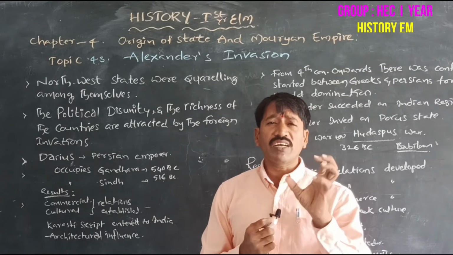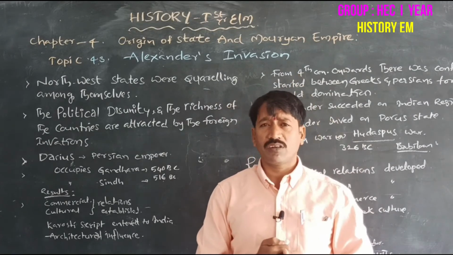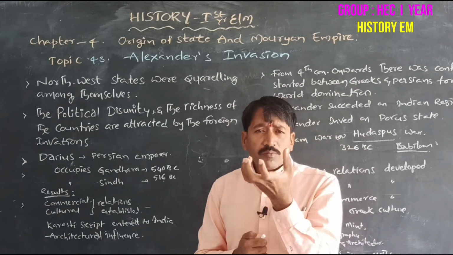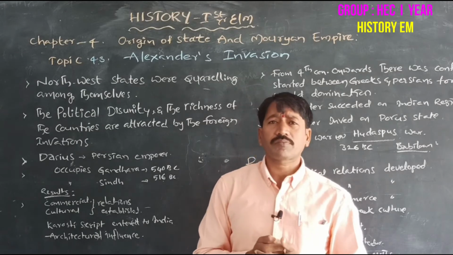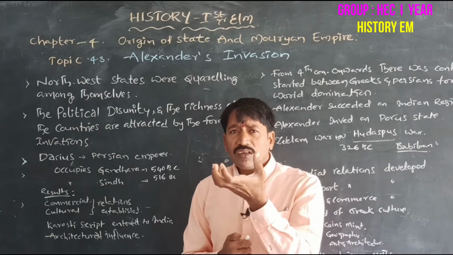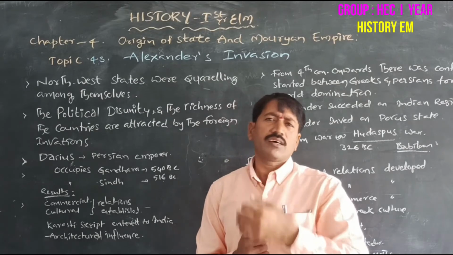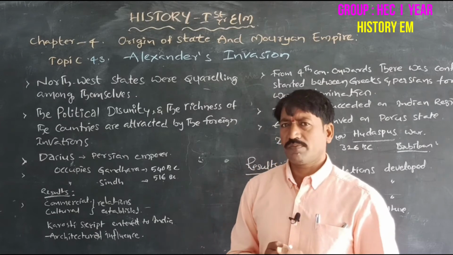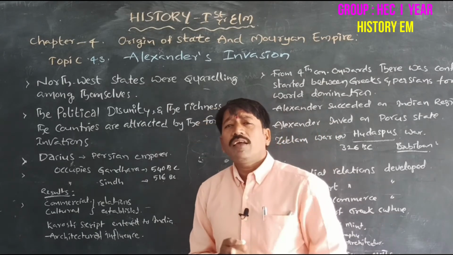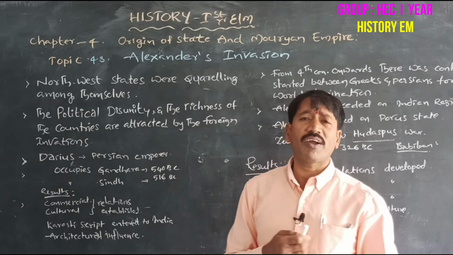There were no friendly relations between the northwest Mahajanapadas. So this type of political disunity and the disadvantages of the northwest states could be attracted by foreign invasions. That's why I mention the second point here.